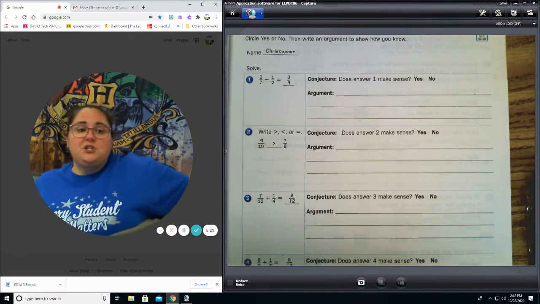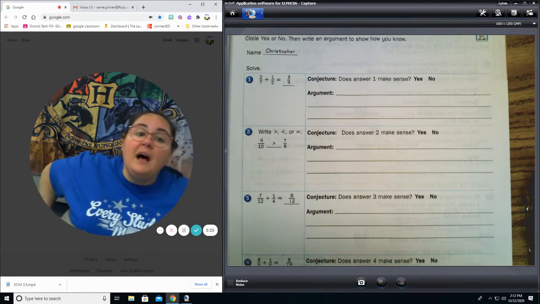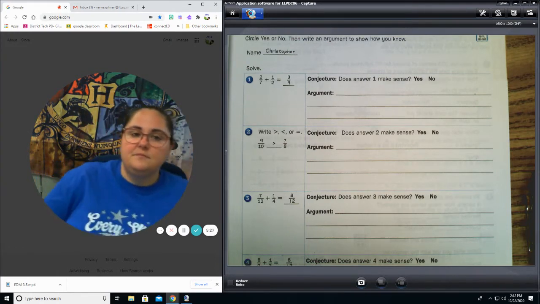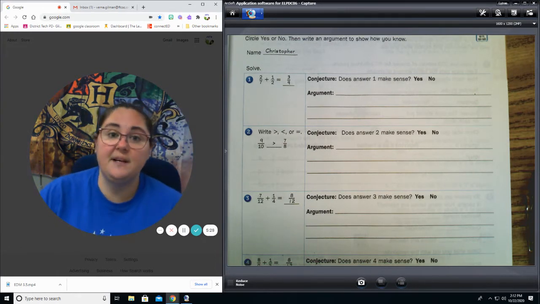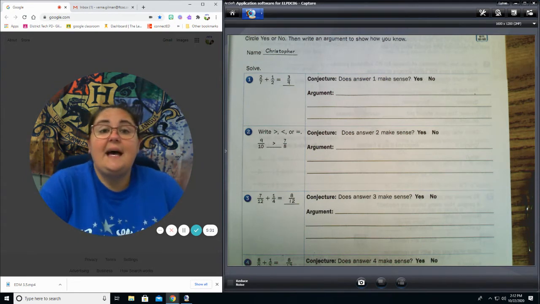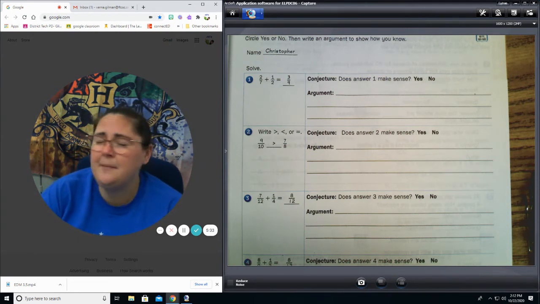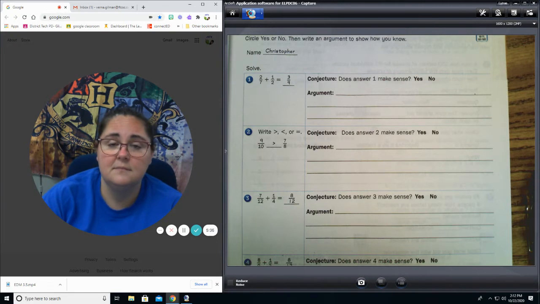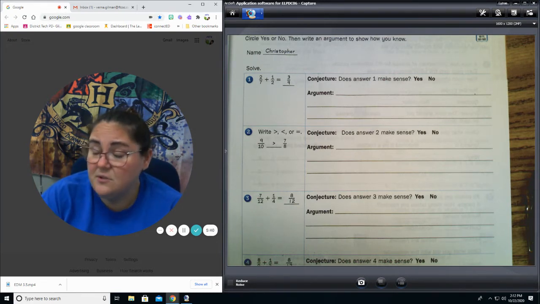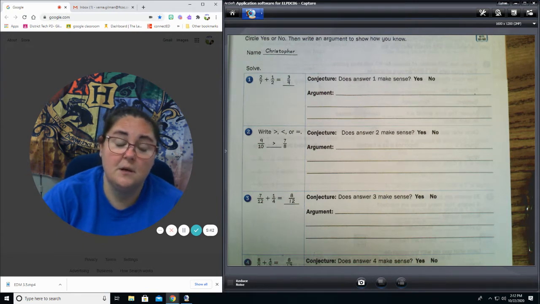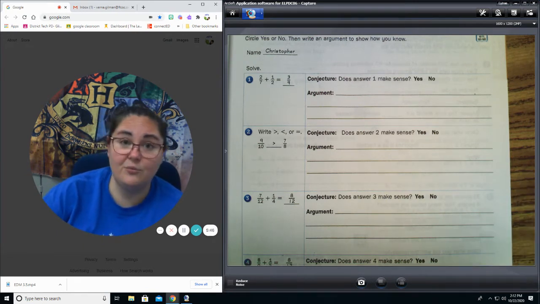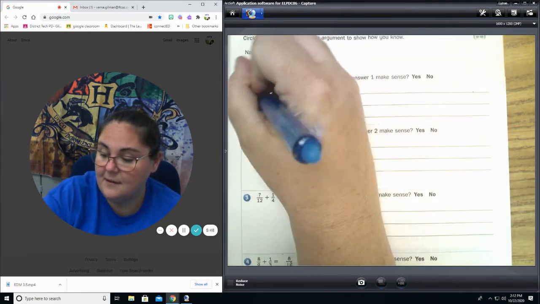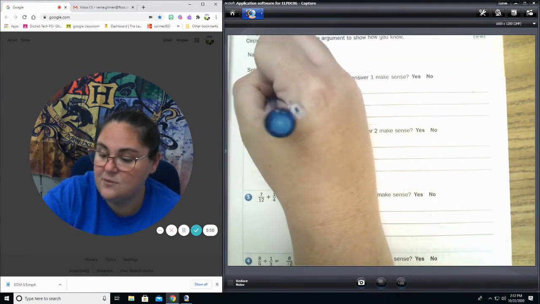So my first question, 2/7 plus 1/2. Does that answer make sense? Yes or no? Now, I'm not adding them, but I'm going to use a picture to help me. You also could use fraction circle pieces or a number line if you choose, but I'm going to look really quickly right here. 2/7 plus 1/2.